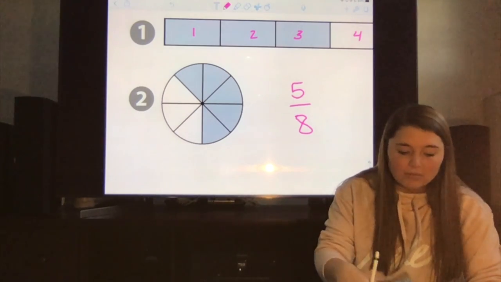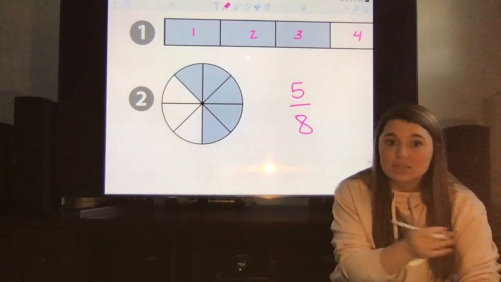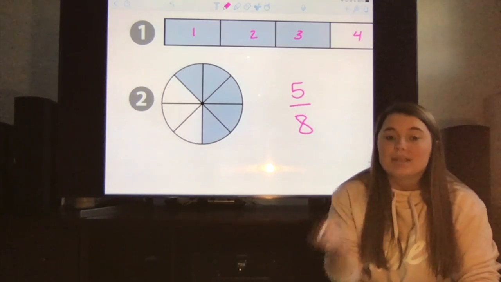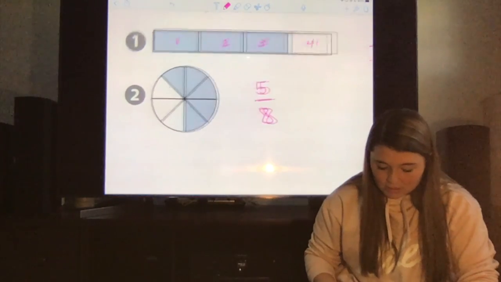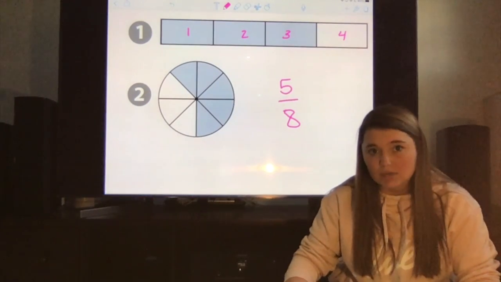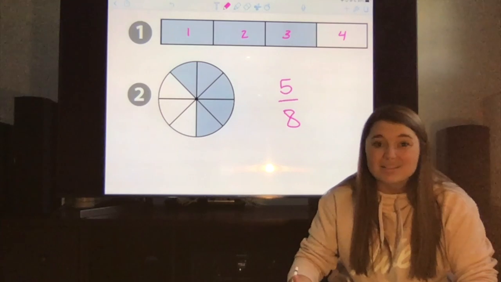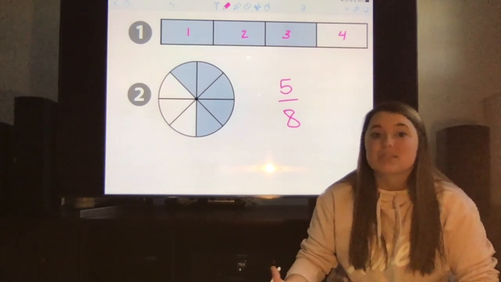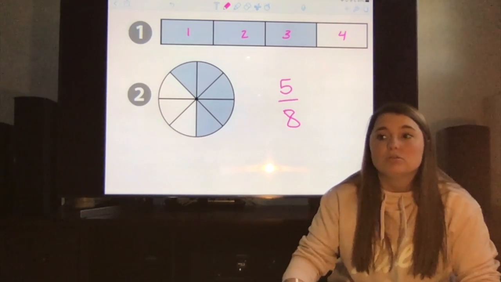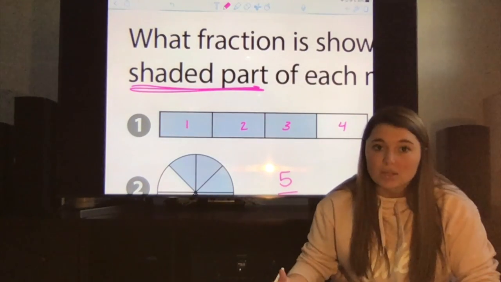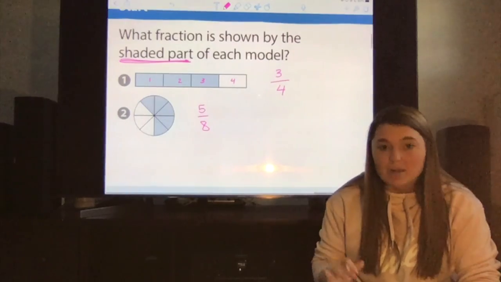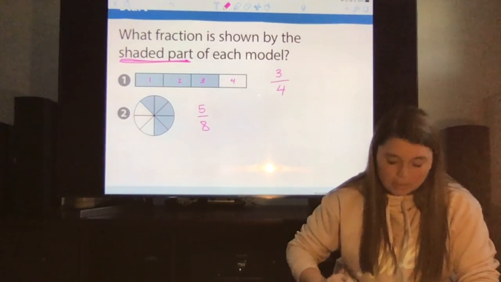I know it can be kind of confusing, but what I want you guys to understand is when we're talking about identifying a fraction of a graphic like this, we're always talking about the shaded part, okay? So 3/8, while that does represent 3/8, I'm asking you to identify the part that is shaded. Okay, so make sure that you understand that we're always talking about the shaded part of the shape.